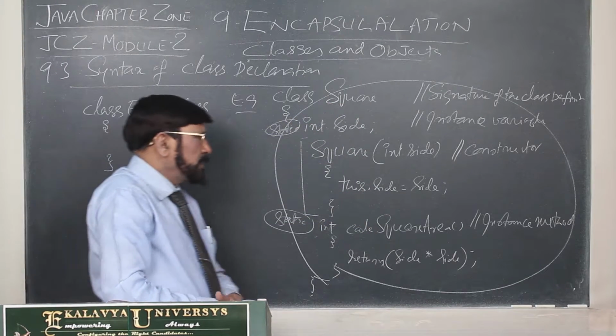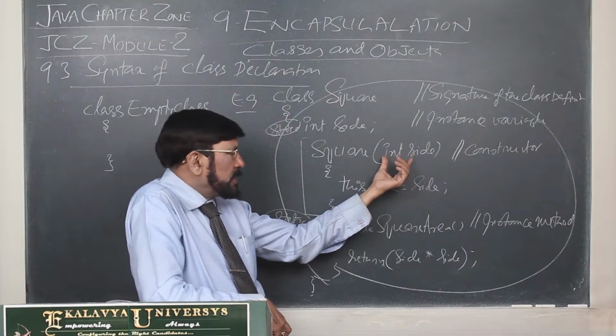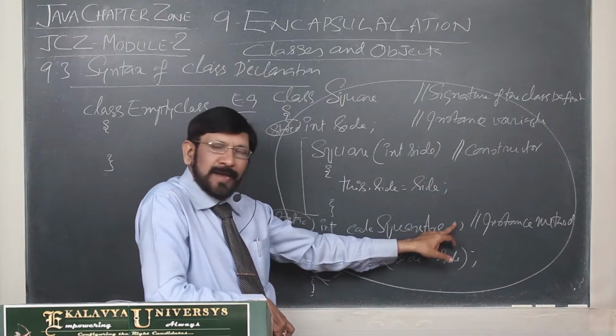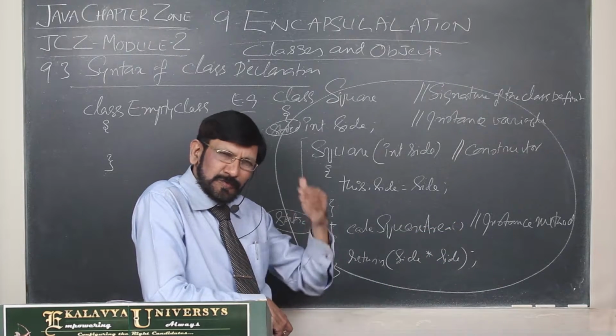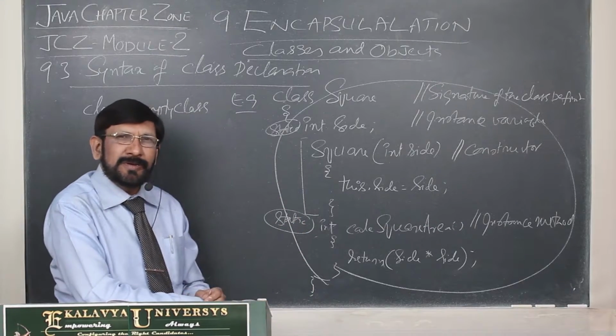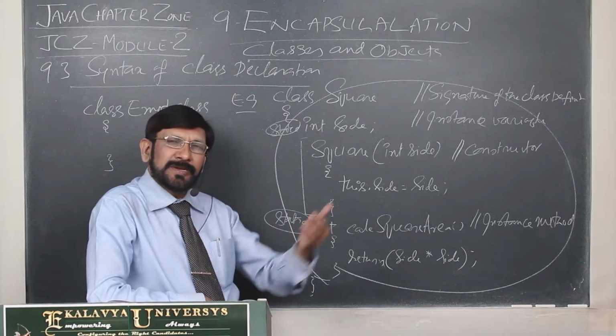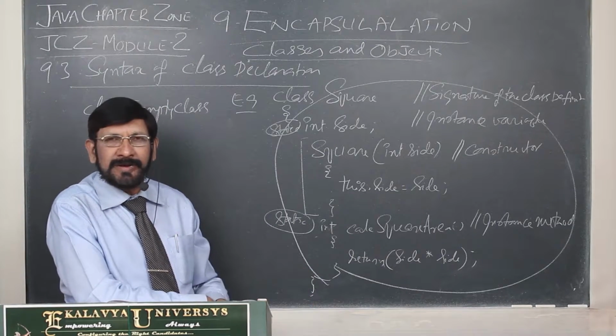And one more doubt you may get. Here I have given a parameter int side, but here I am not giving anything. That also, you should feel doubt. If you get a doubt, in my view, you are blessed because you can get an answer. If you don't get a doubt, you never get an answer.